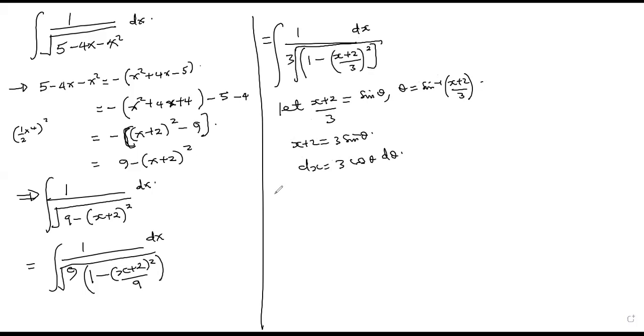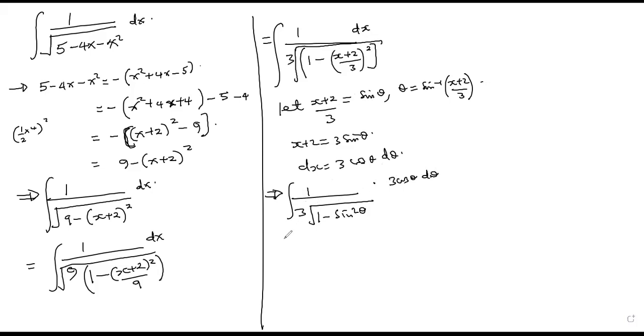So we shall have the integral of 1 over 3 root of 1 minus, the whole of this is going to become sine squared theta, because we let it be sine theta. So if you square it, it becomes sine squared theta, times dx, which is 3 cos theta d theta.